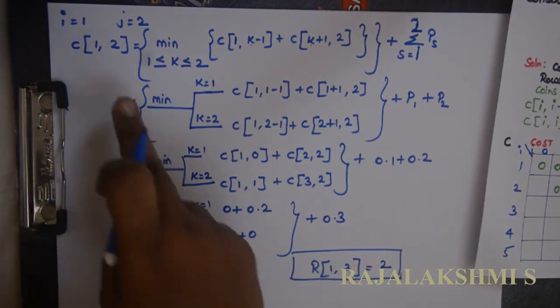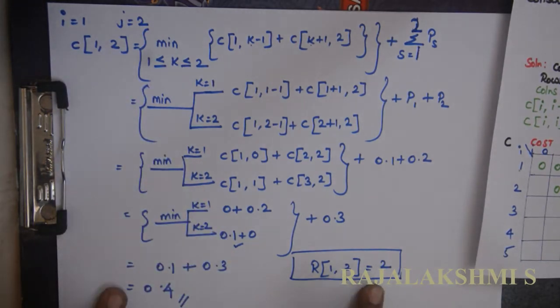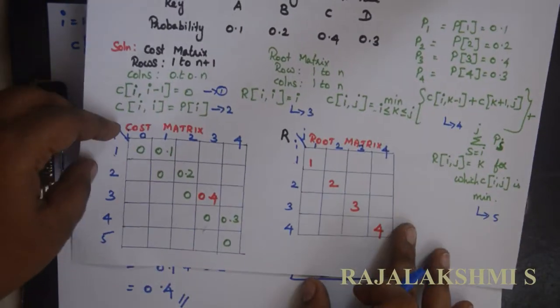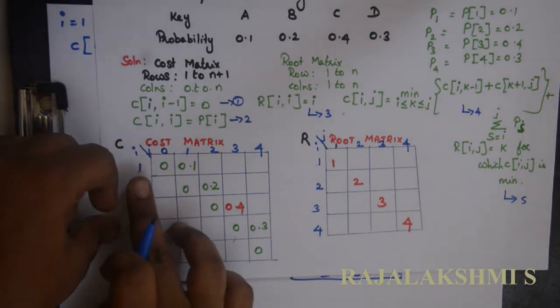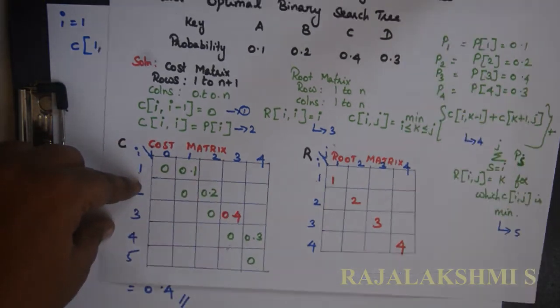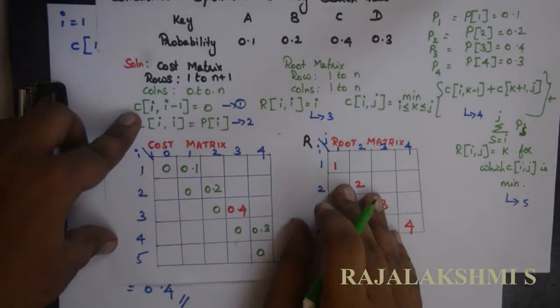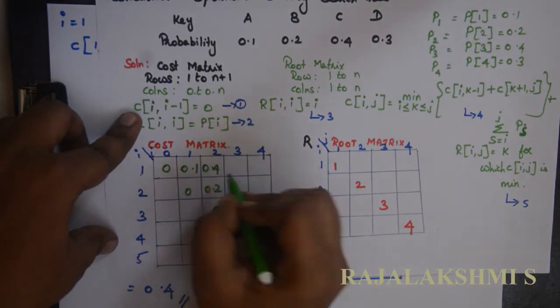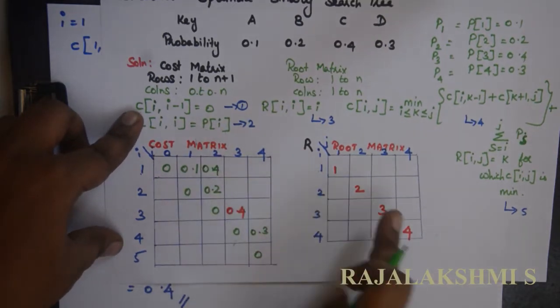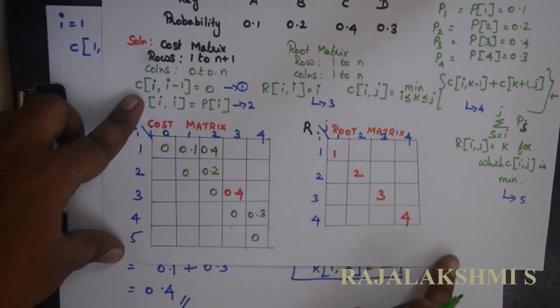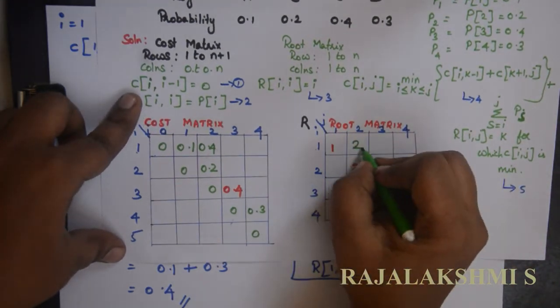So we had found the C of 1 comma 2 and r of 1 comma 2. We will be updating these two values in the table. So C of 1 comma 2 we are having it as 0.4, right? Okay, and then r of 1 comma 2 we had it as 2, right?